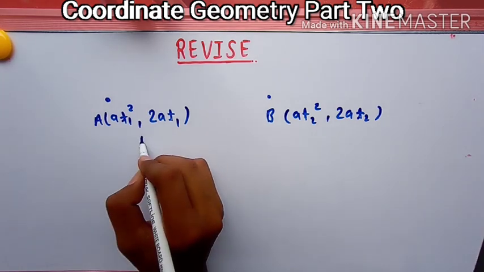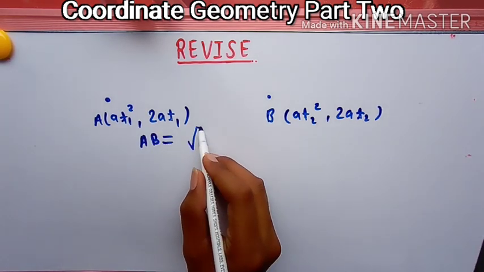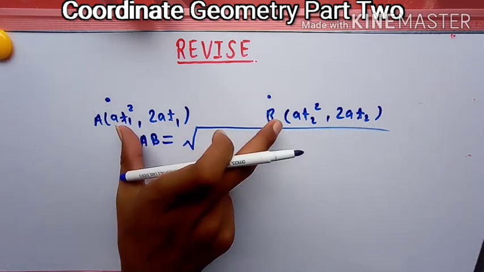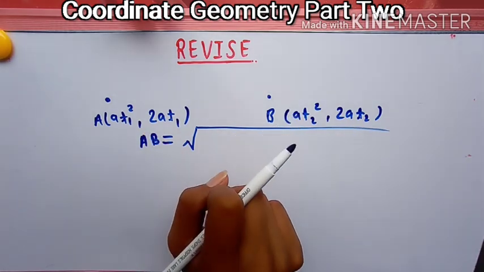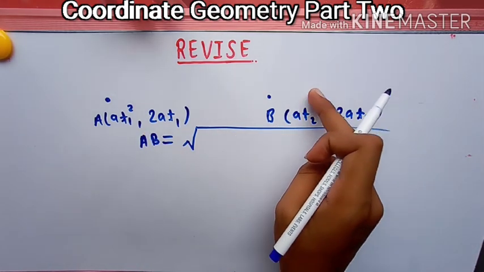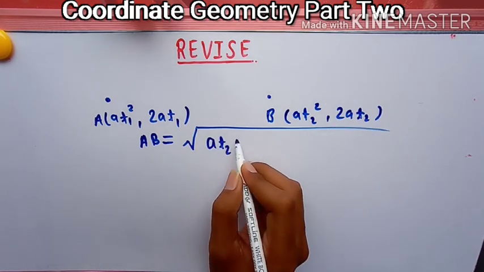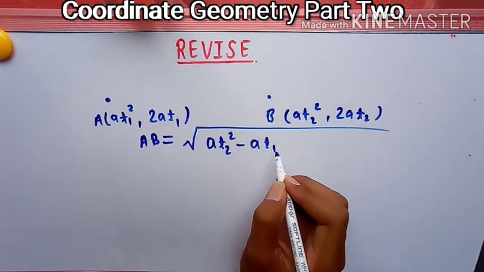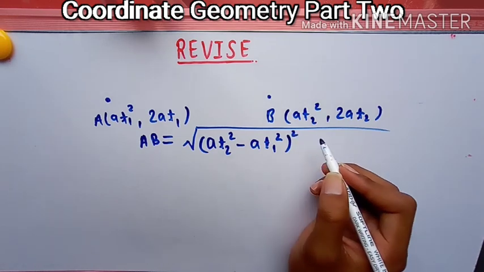So let's do it. AB is equal to root of abscissa minus abscissa and thereafter ordinate minus ordinate. So first of all, a t2 square minus a t1 square in bracket making its whole square.